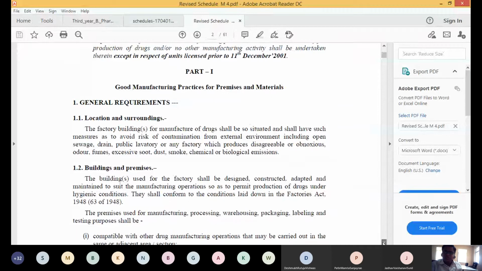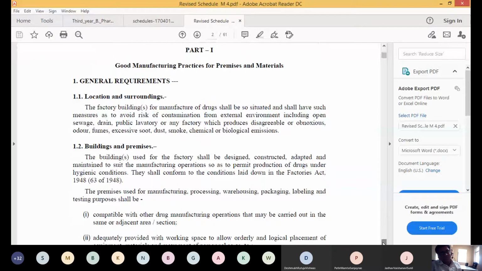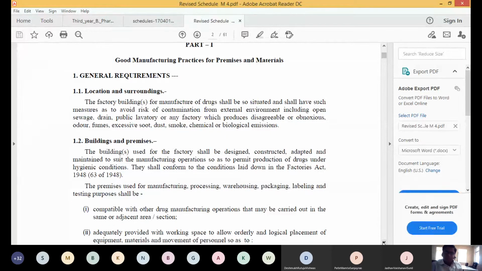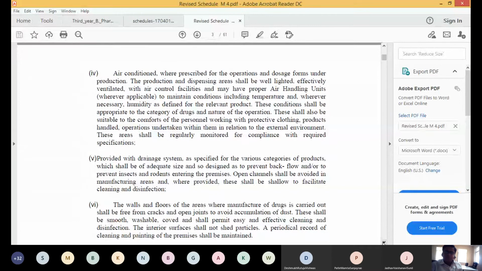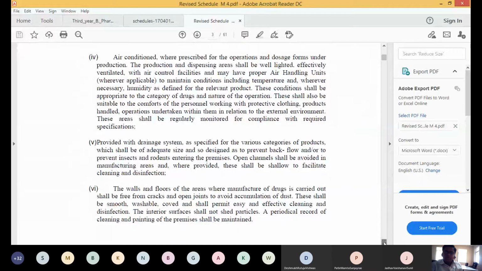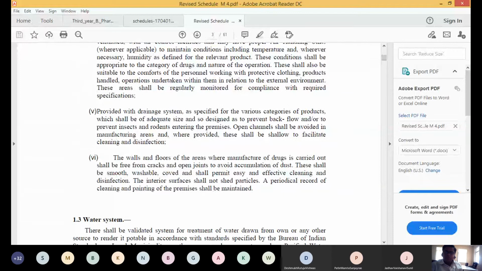In that, all requirements are there in general. While discussing a primary discussion about each and every schedule, we have discussed all that. General requirements, that is location and surrounding, building, premises, water system.